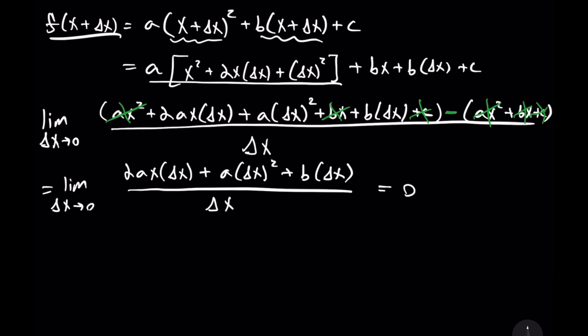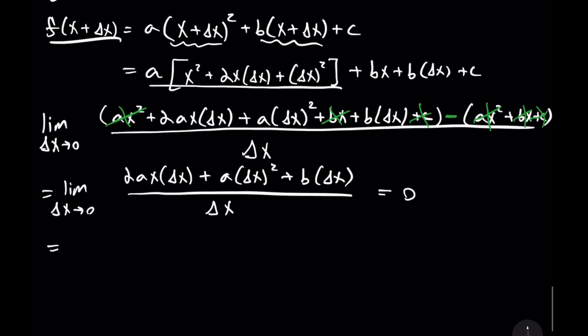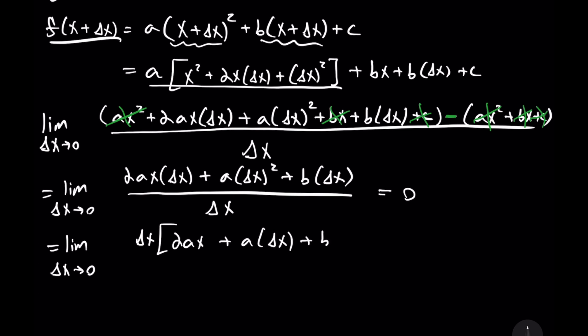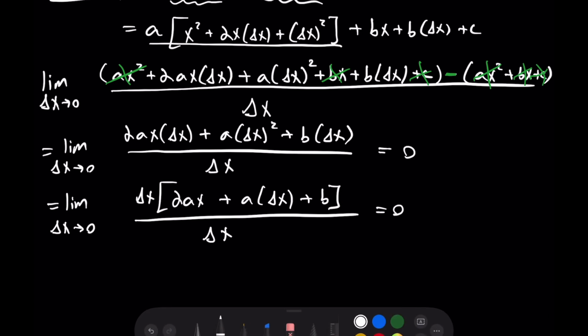We can simplify this, so let's factor delta x in the numerator. So we get the limit as delta x approaches 0 of delta x times the quantity 2ax plus a delta x plus b, over delta x, equals 0. We have delta x over delta x. Those go away.